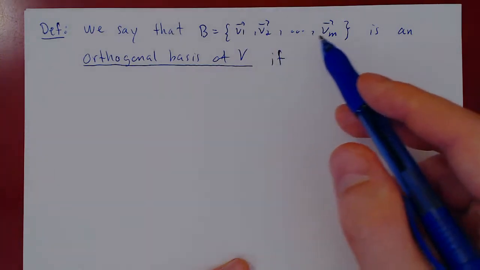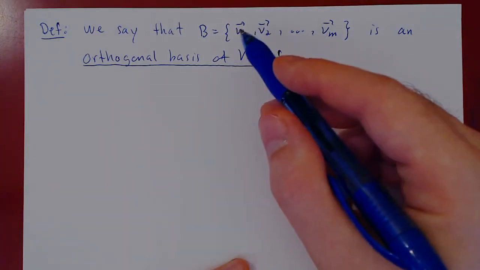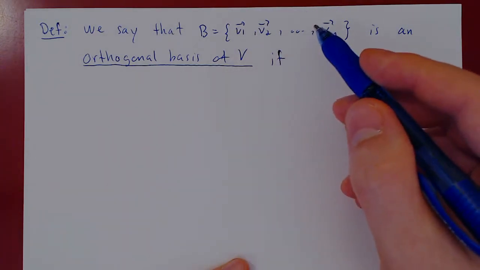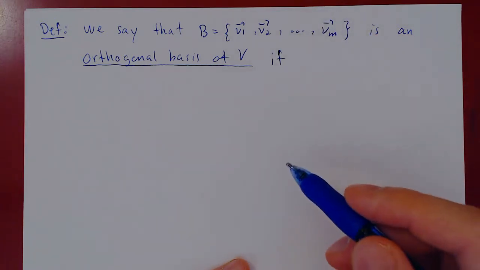So every vector in the basis is perpendicular to every other vector in the basis.